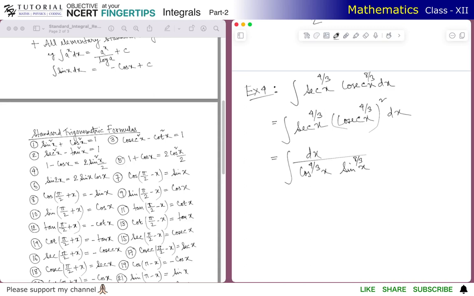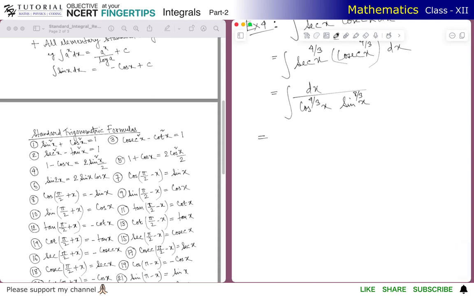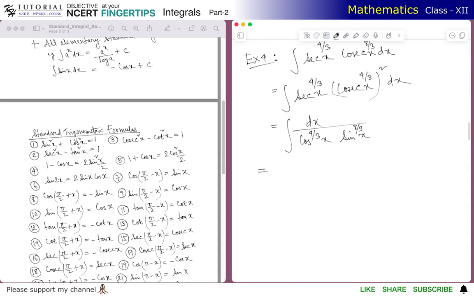Sin x to the power 4/3, it's 1/3. Okay, now square x cot x.